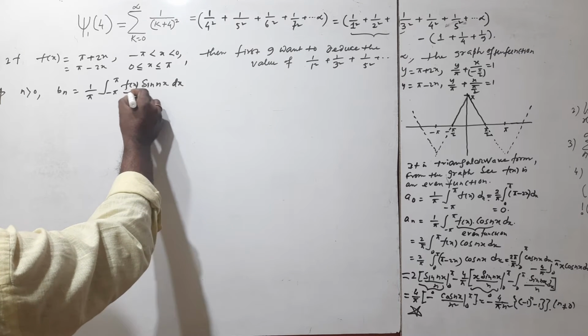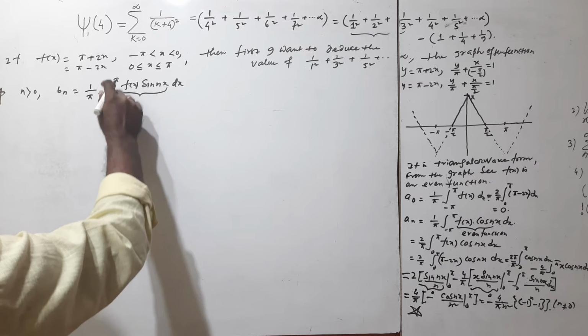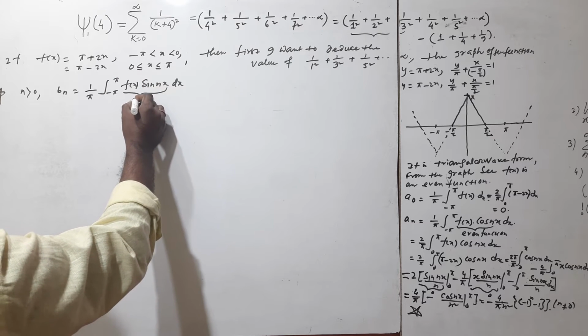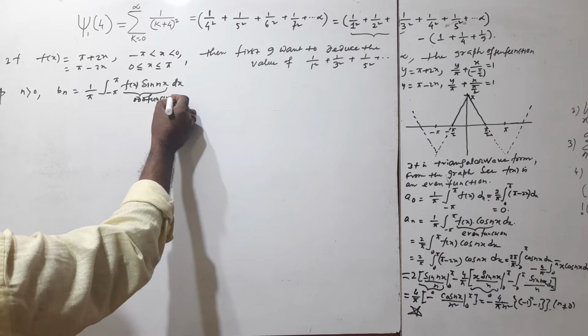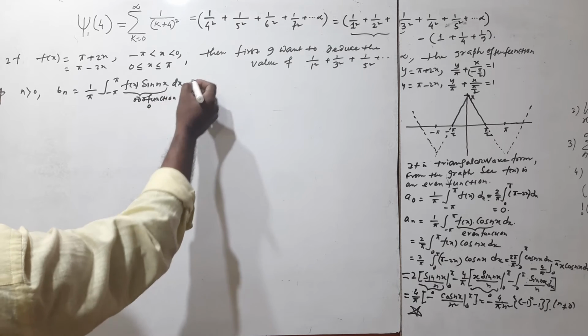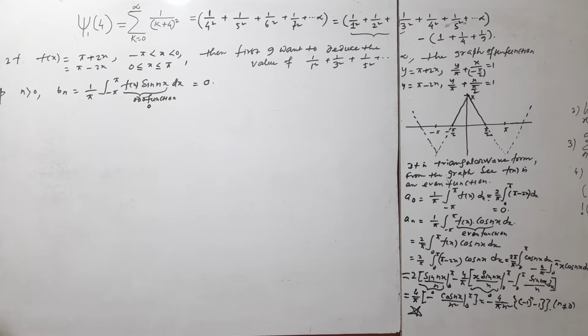See, this is an even function, this is an odd function, so the whole thing is an odd function, so the value is 0. This is here 0.